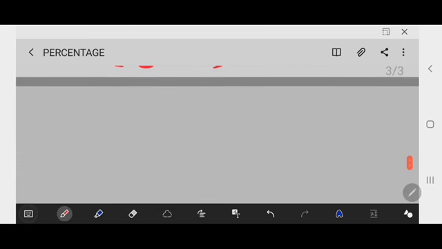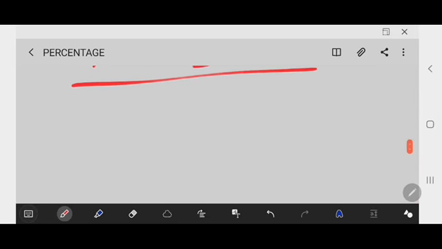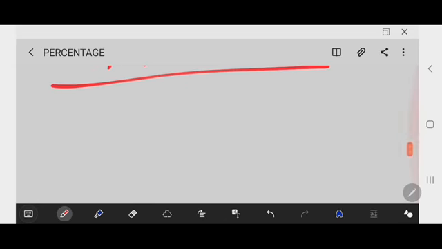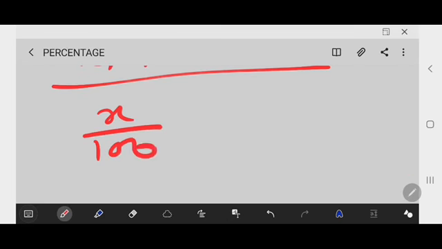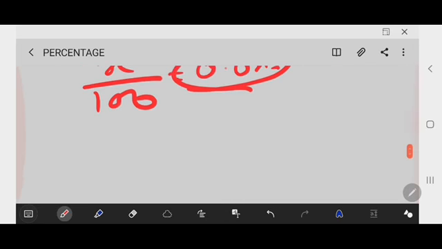Thereafter, conversion of percentage into decimal. How do we convert percentage into decimal? For x percent into decimal, we do x by 100, which means 0.0x. Let's go through the example.